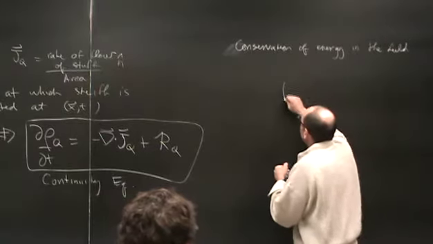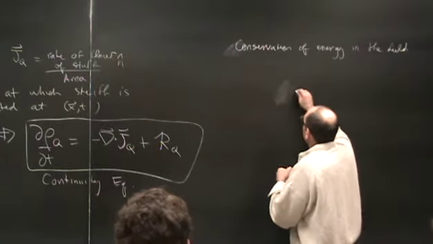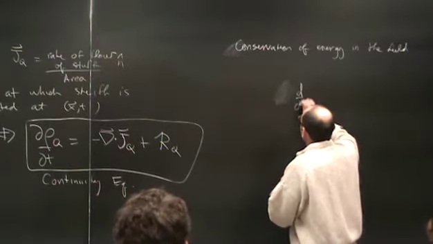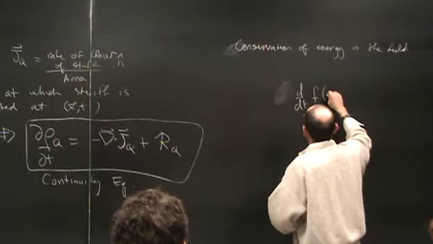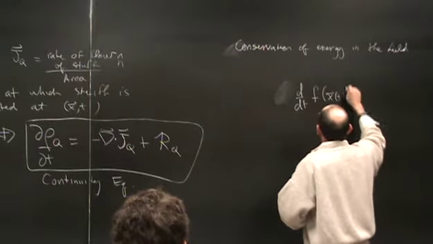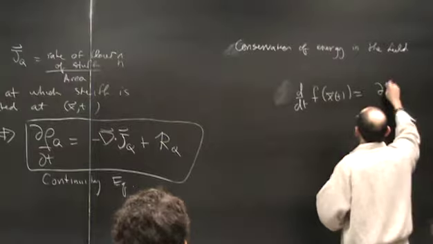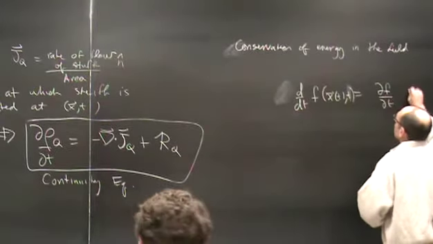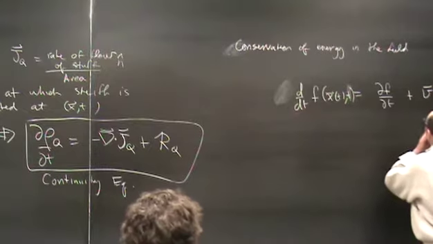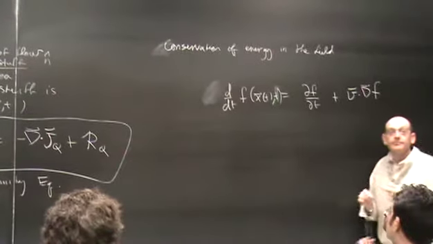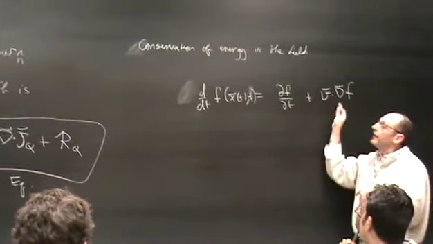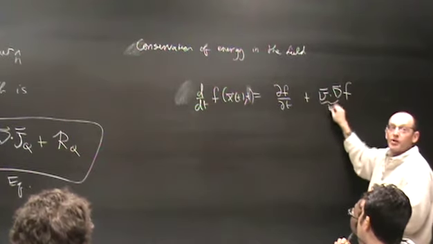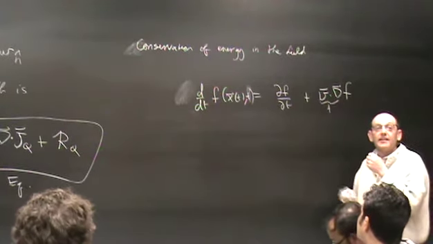If I wanted to look at the time derivative of a function that's a function of time, then this is the partial, if it's also an explicit function of time, plus v dot grad f, for example.